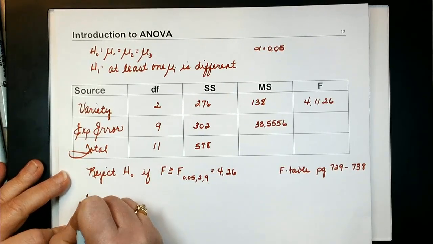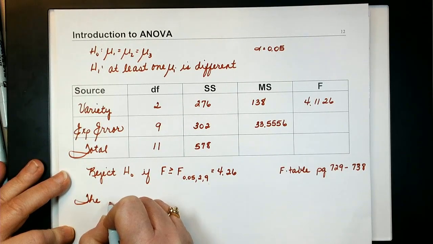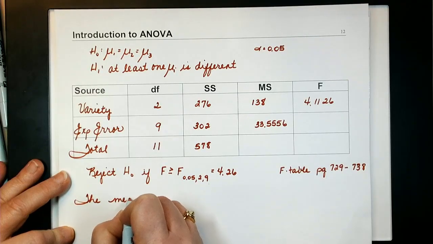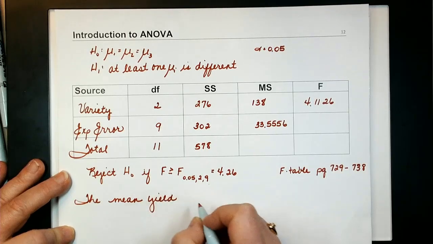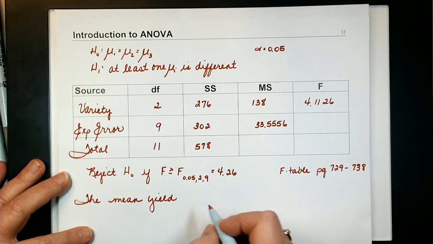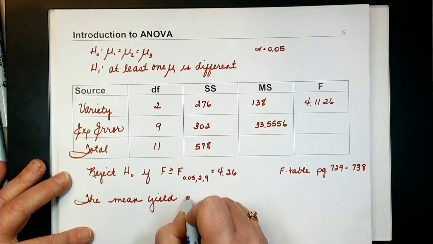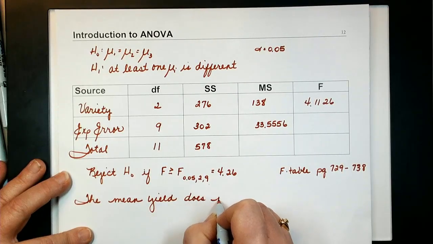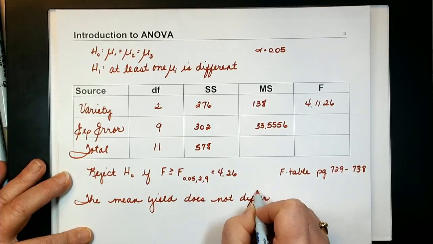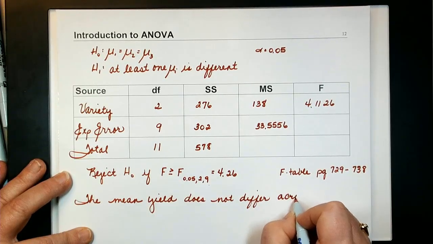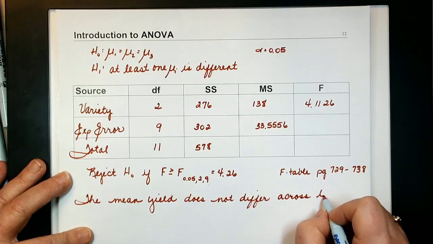So the mean yield does not differ across the 3 varieties of wheat.